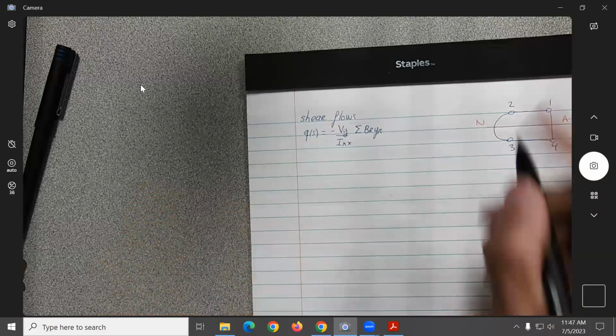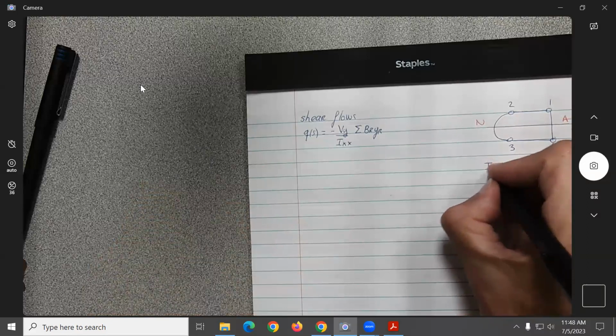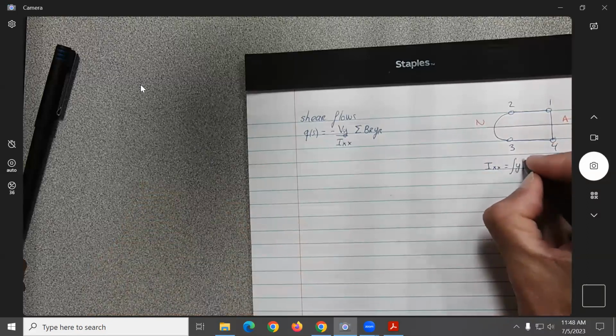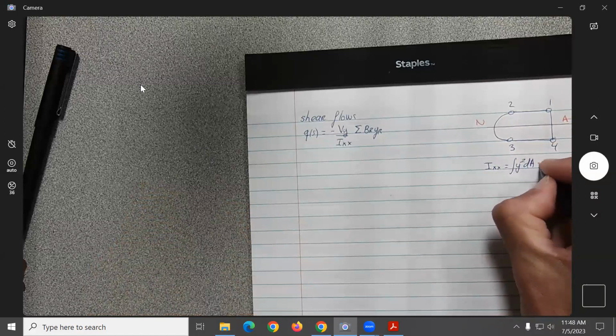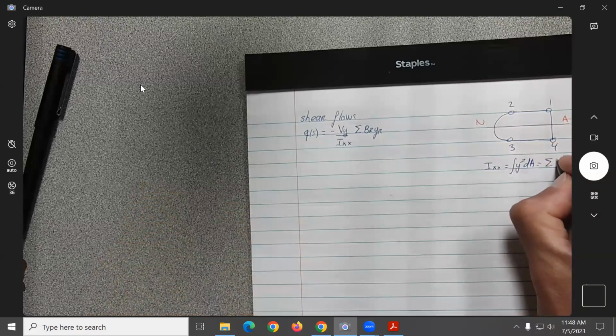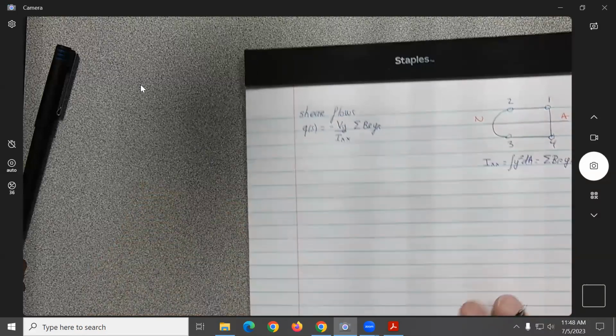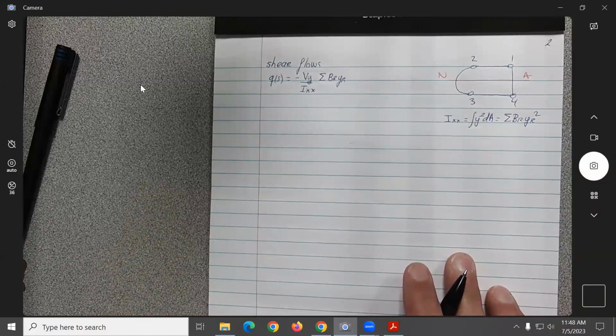All right, so if you remember, to find Ixx, the moment of inertia, how do we do this? This is approximated by the summation of B sub r y sub r squared, no? We have done that enough.